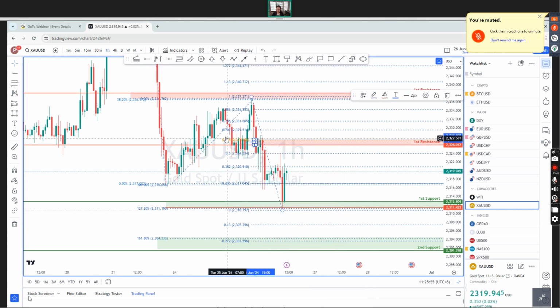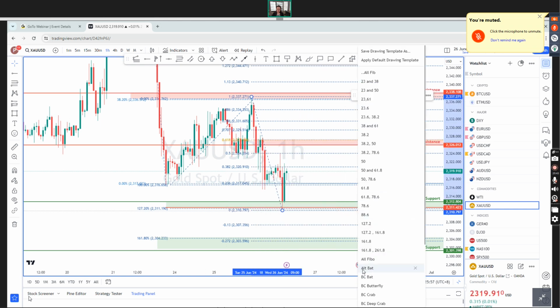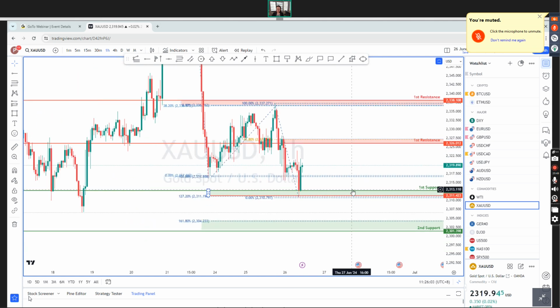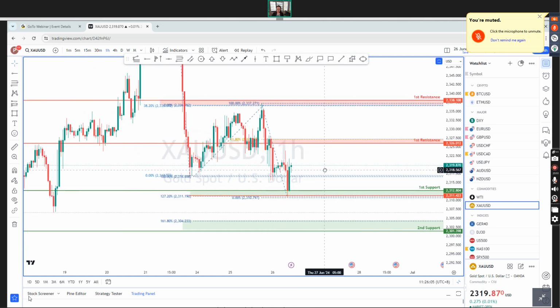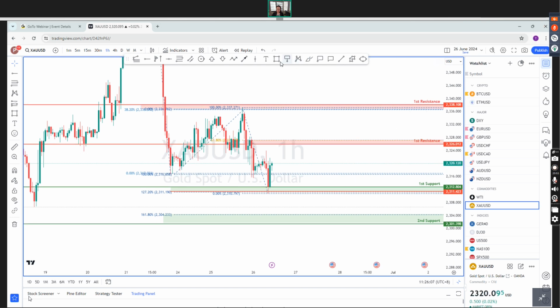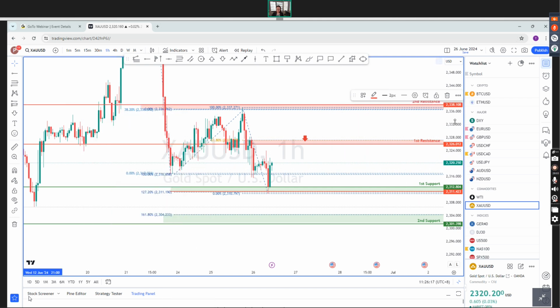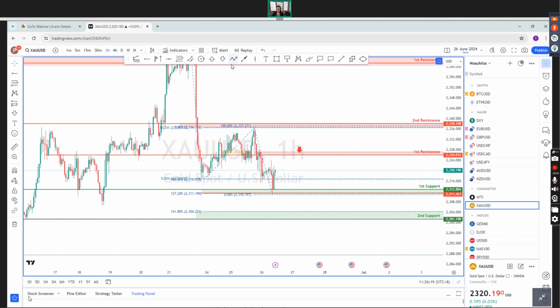Okay, which is 61.8 right here. So now let's say if price comes to me, I want to get the entry, I might wait to short at this level. This is my sell entry, and this one you could identify as your second resistance in H1 time frame, right? This is how it looks like.